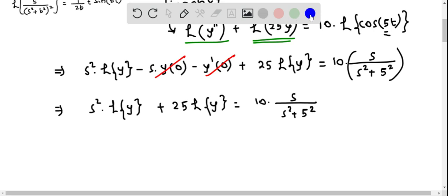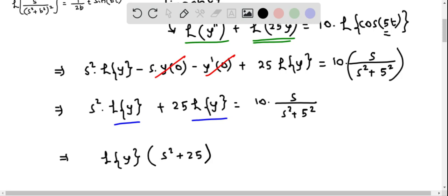Now we have a common factor, that is Laplace transform of y here and Laplace transform of y here. So I'm going to factor it out. It becomes s squared plus 25, and this equals 10 times s over s squared plus 5 squared.